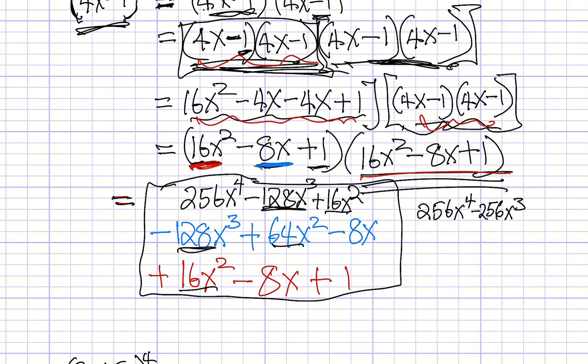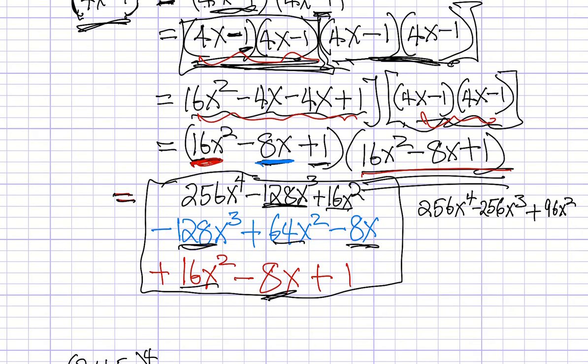Plus 96x squared. And then the one in turn is that one. We'll add it, we'll get negative 16x. And then 1 is left, plus 1. So let's keep going. What do we get?